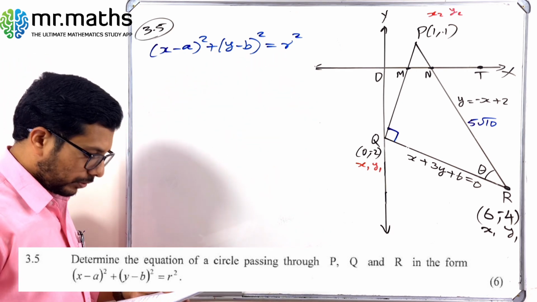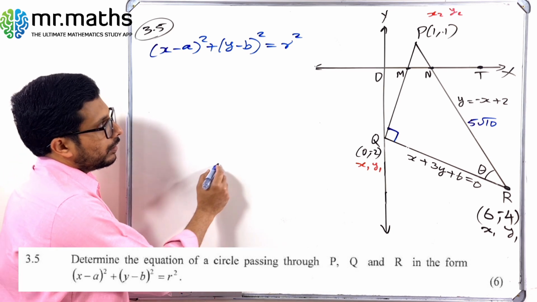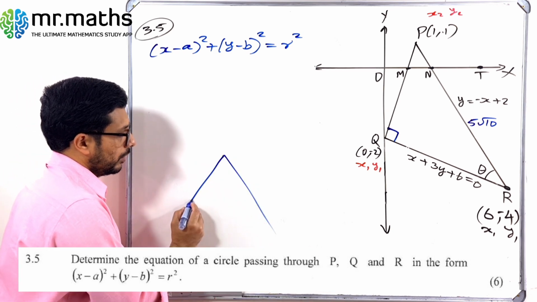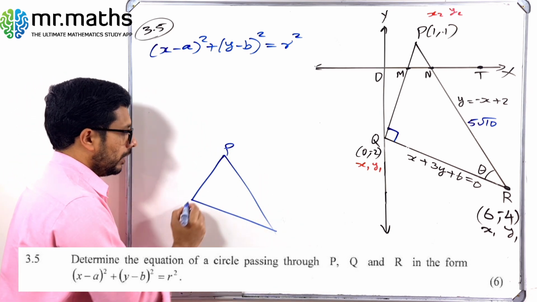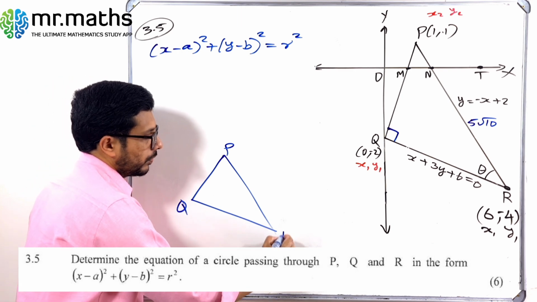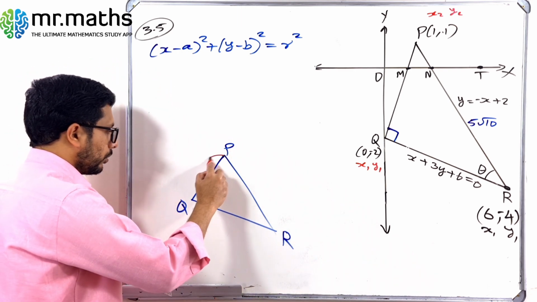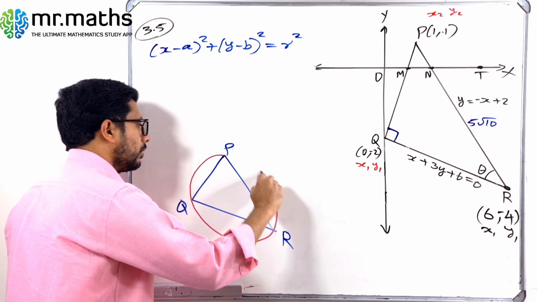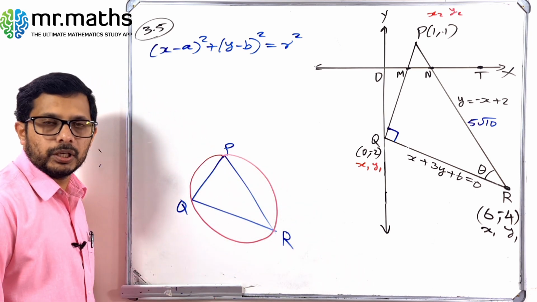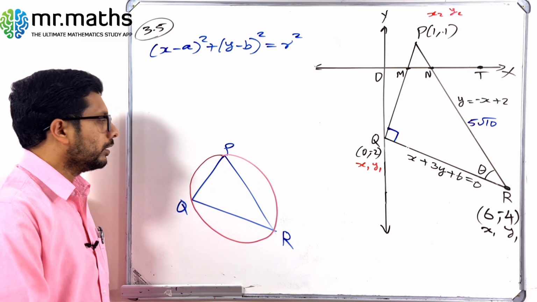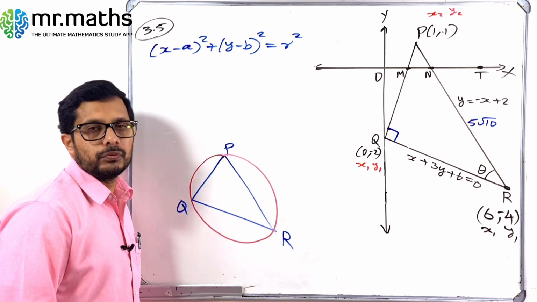So here what is the question? There is a circle passing through the points P, Q, R. This is our P, this is our Q, and this one is R. So there is a circle passing through the points P, Q, R like this. And you have to find the equation of this circle.